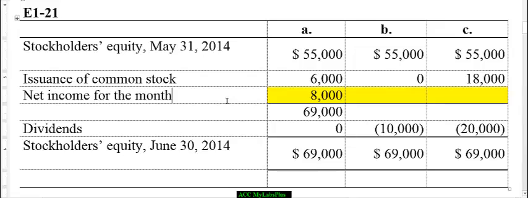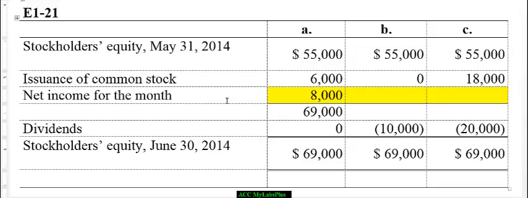So we start with $55,000, issue common stock of $6,000, have net income of $8,000. That gives us $69,000 of equity. We did not pay any dividends, so our ending stockholders' equity for scenario A is going to be $69,000.